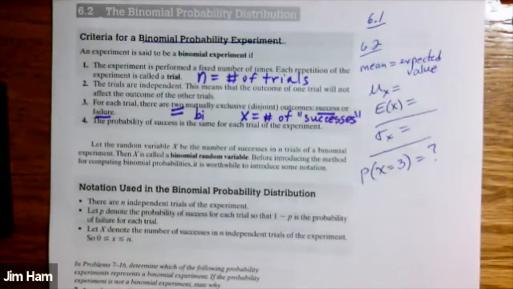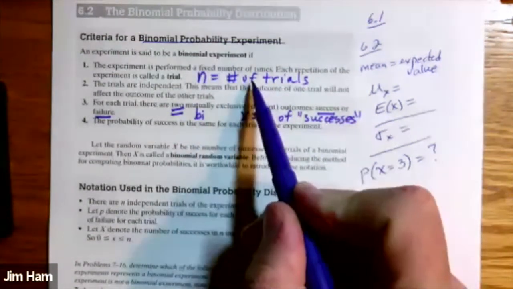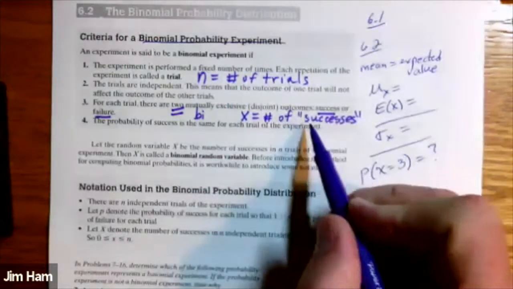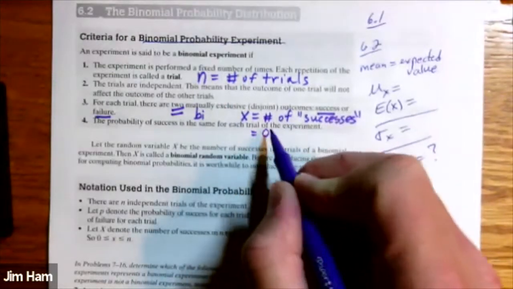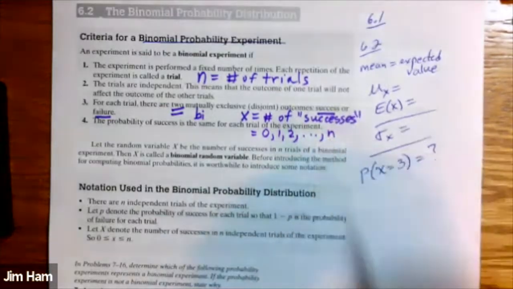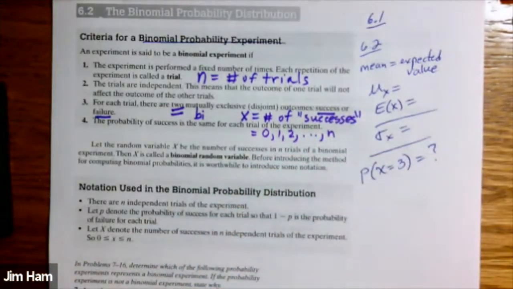For example, if you're flipping a coin 7 times, the number of trials would be 7, and the number of successes can take any value from 0 up to that maximum number, 7 in my example, or n in general.